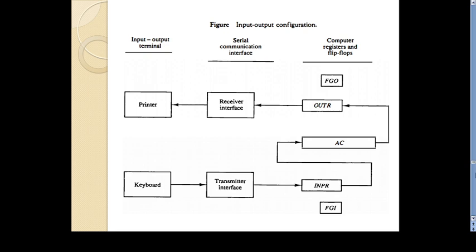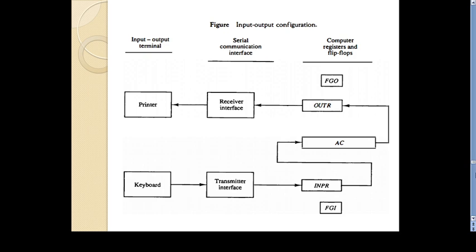Initially the terminal sends the data and receives the data from the printer in serial form. Each quantity of information should have 8 bits of alphanumeric code.